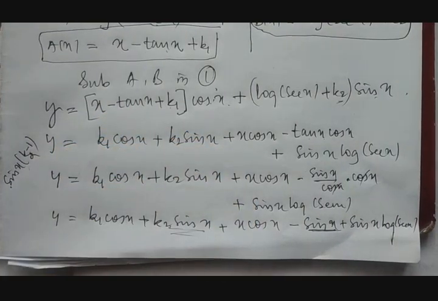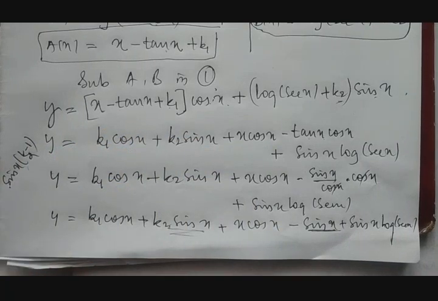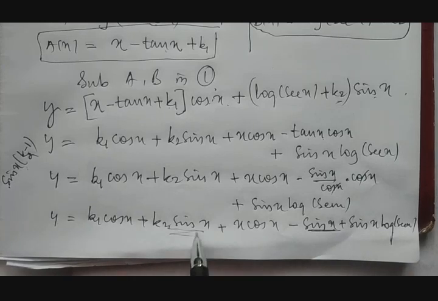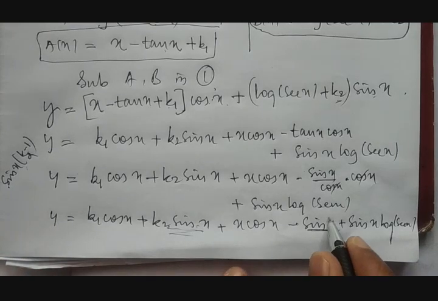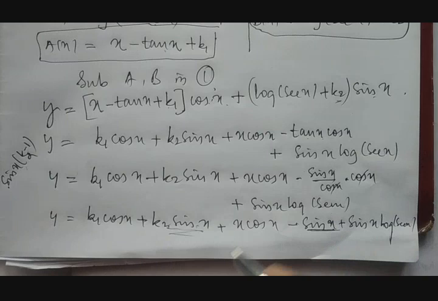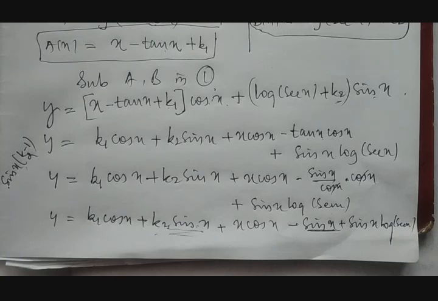But k2 is a constant and 1 is also a constant, then constant minus constant becomes again a constant. So because of that, out of these two, we need to ignore one term. We need to neglect one term. Therefore, we'll neglect this term. We'll not consider this term because already this pattern is represented with the help of k2 into sin x. So we'll not consider that.